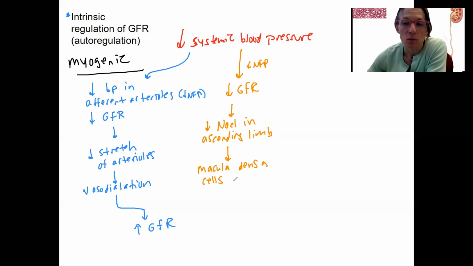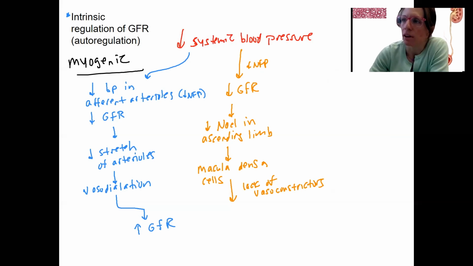These cells normally produce compounds that constrict. So we're going to have a lack of vasoconstrictors.